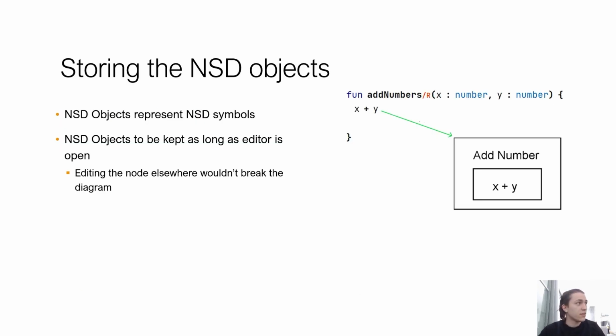My first idea was to create a static cache map that stored all of the NSD objects in one object for the entire project, but it quickly became big and unwieldy. I did some thinking and I settled on a cache class that was stored in the editor of the function they represented.